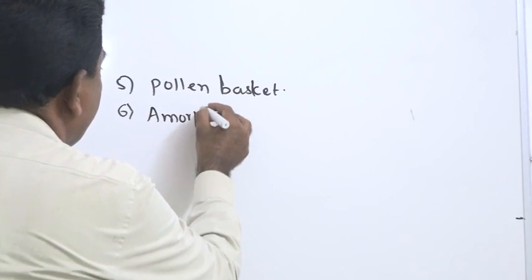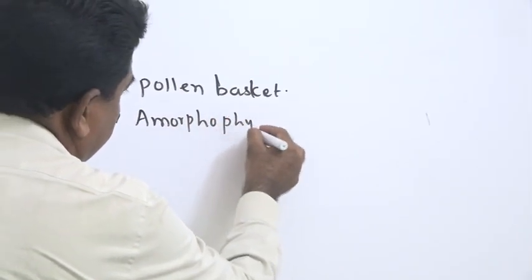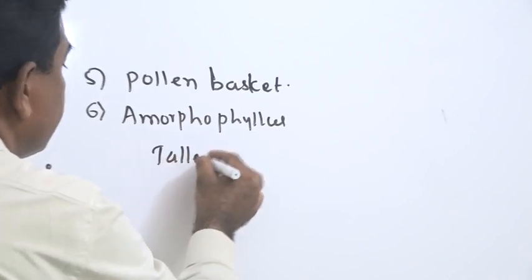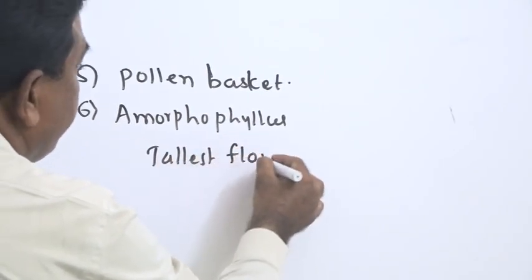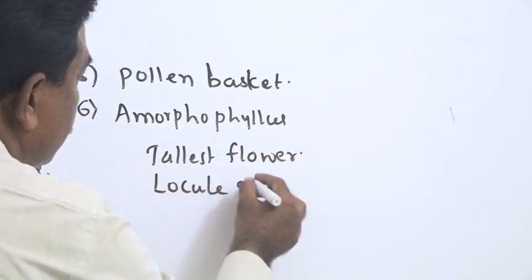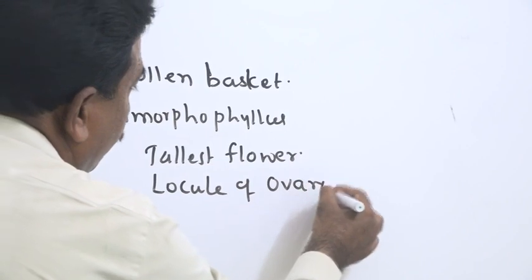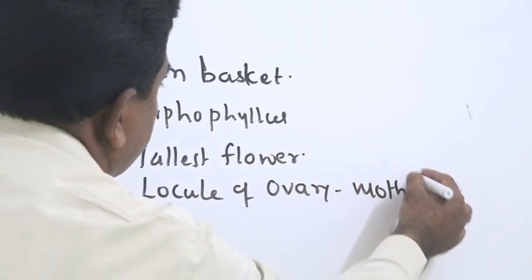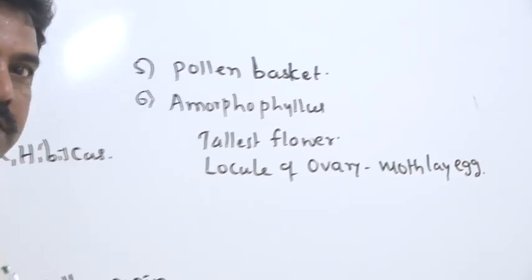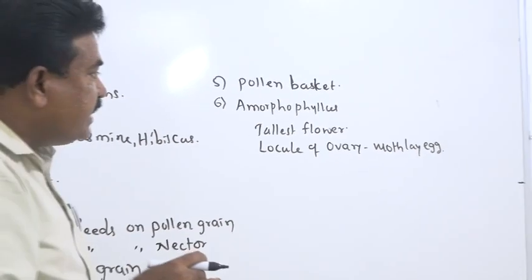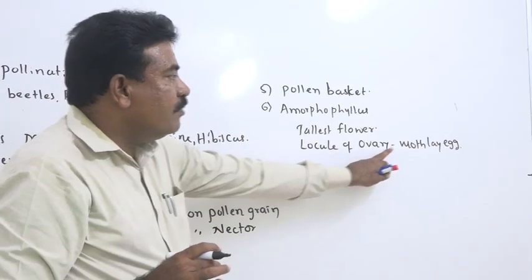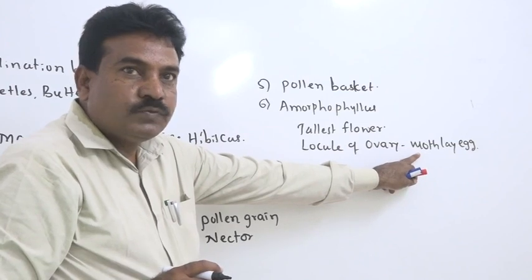If you take the Amorphophallus plant, it is the tallest flower-giving plant. In the locules of its ovary, moths lay eggs, where fertilization takes place and the development of the moth larvae takes place.